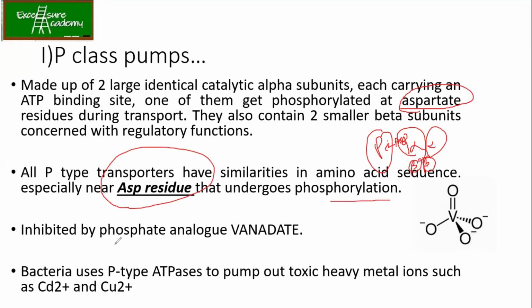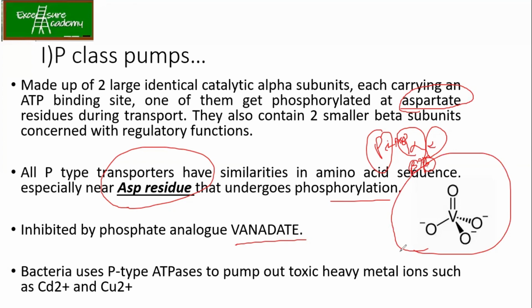It can be inhibited by the phosphate analog called vanadate. If you see the structure of vanadate, it is similar to phosphate, right? If you know the structure of phosphate, how do we draw it? We draw PO4 minus, correct? If you see the structure of phosphate, then you can see that vanadate and phosphate have a similar structure.